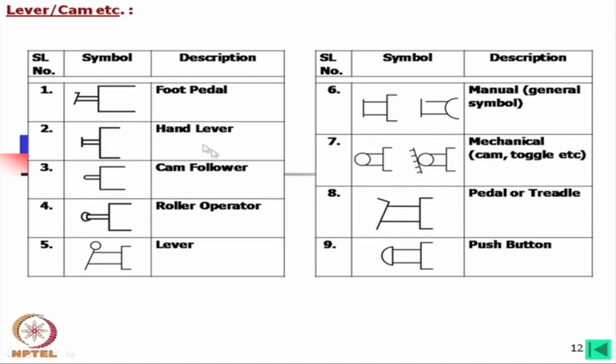This is again a pedal, a foot pedal, any sort of pedal or treadle. So, this is indicated by this one, and this is a push button. This and this have a difference. This is actually a cam roller operator, but this one is a push button, say a reverse D you can say.